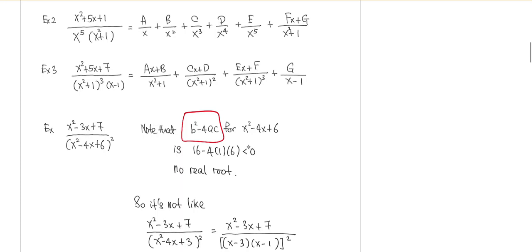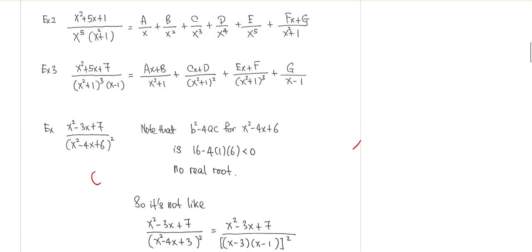When it is negative, we know there are no real roots, so we cannot factor it with some real number here and some real number here. Because b squared minus 4ac for this term is negative, we cannot further reduce it into a factorization of this form.